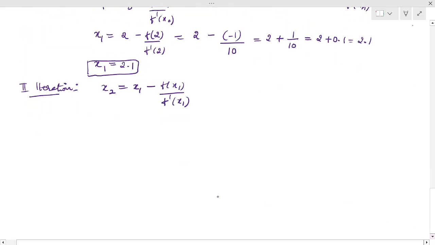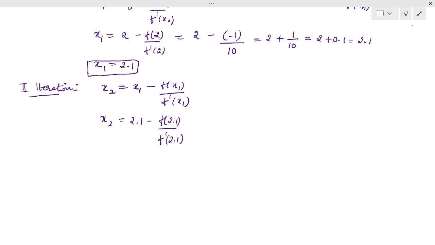Now just substitute the value of x1. x1 is 2.1, so x2 is 2.1 minus f of 2.1 divided by f dash of 2.1.